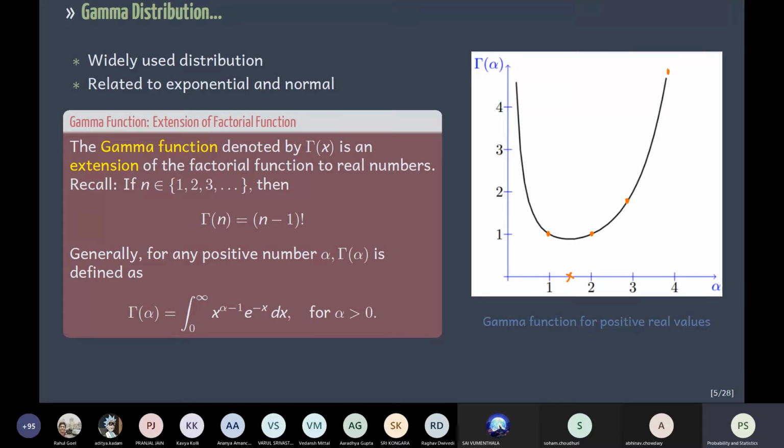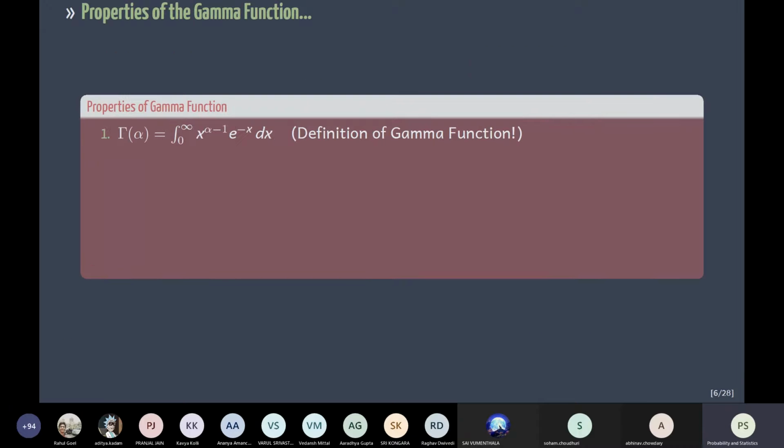So this is the expression for obtaining a general or an analytic continuation of the factorial function, which is called gamma function. And here alpha must be greater than 0. And then we saw the properties. The first one is not really a property, it is the definition of the gamma function itself, and the second one is the property.